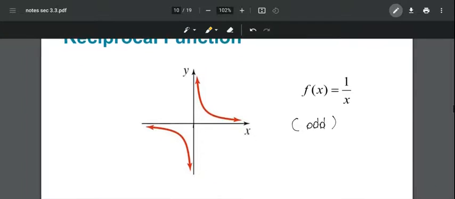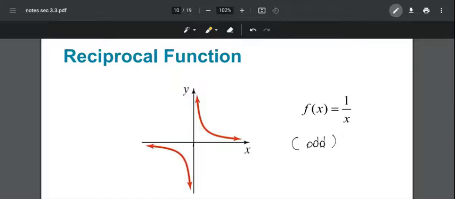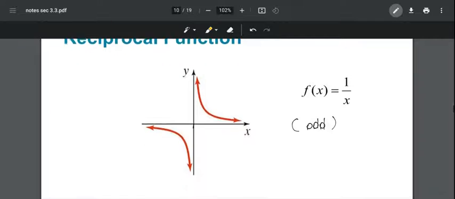Reciprocal function, we need to remember the shape of the graph. Now, the domain of this function is the set of all real numbers, because this function exists for any x values except 0. And the range of this function will be the set of all real numbers except 0. So this function has a vertical asymptote at x equals 0 and a horizontal asymptote at y equals 0. So I think I will write this down for you guys.